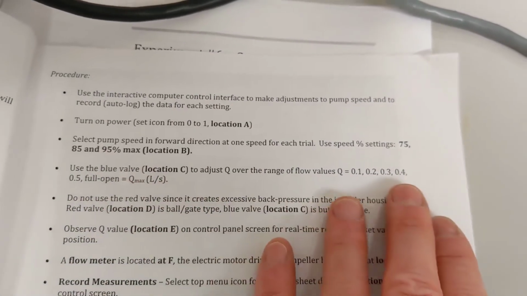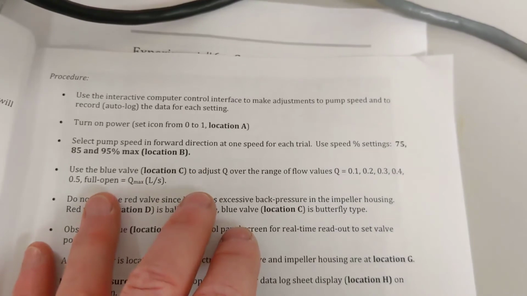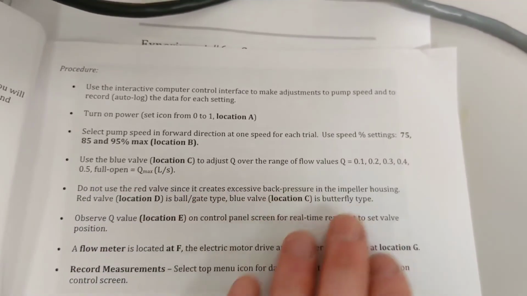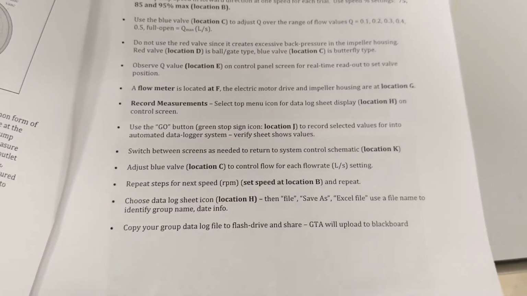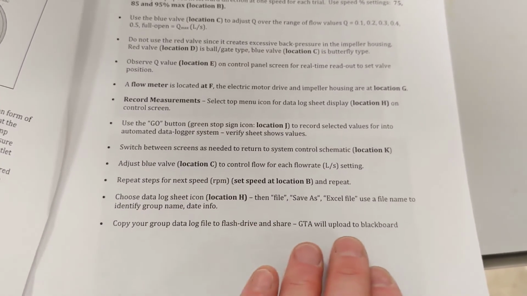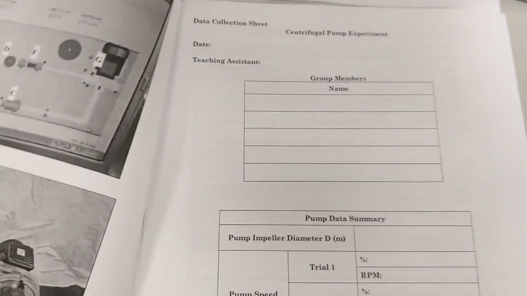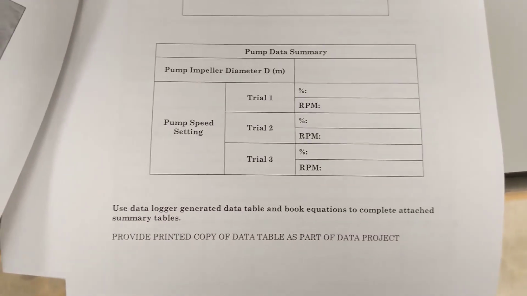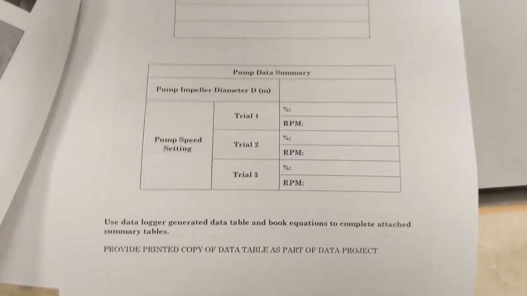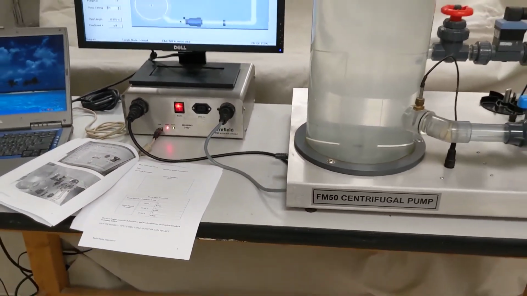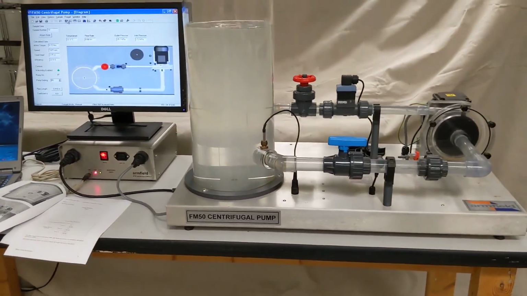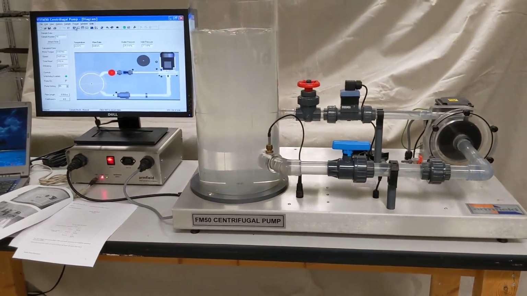And we did collect at all of the flow rates that we could on 0.1 increments. We're going to save it to the flash drive that I have right here. And then we will fill out our data collection sheet. All right, I'm going to stop our video here. And that concludes our last lab experiment for this class.